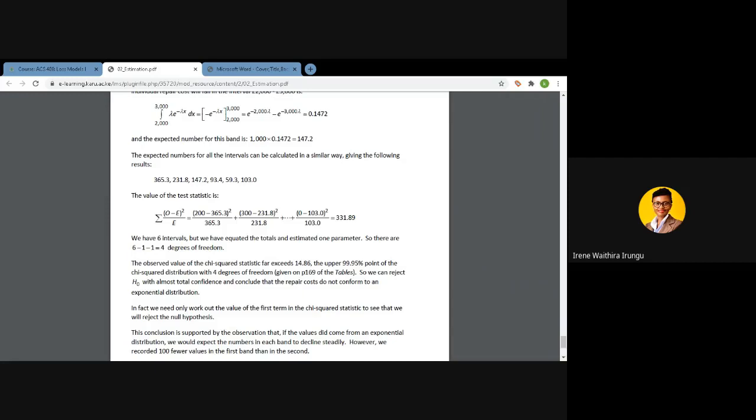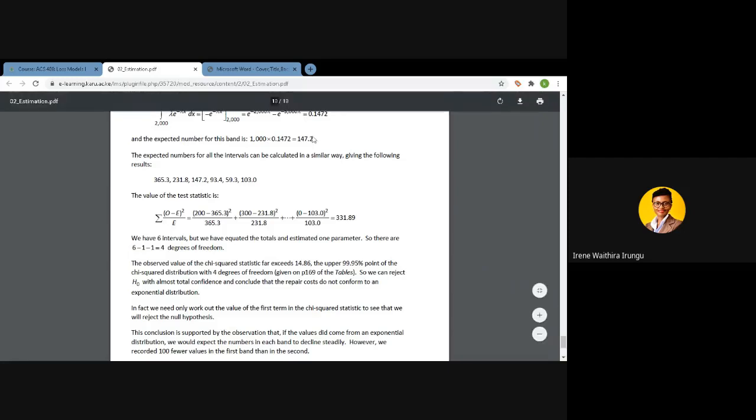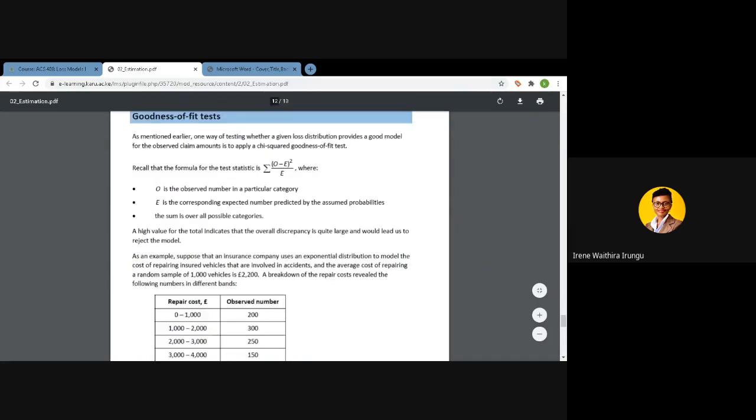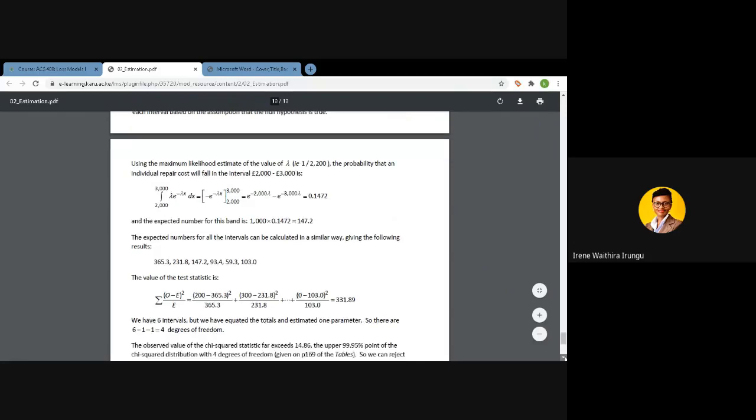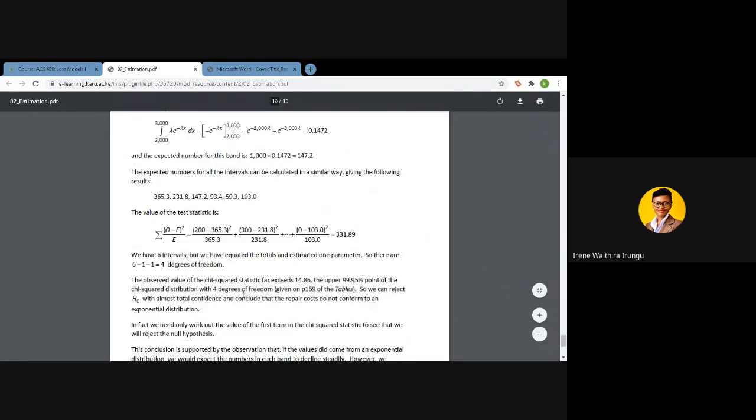So we will not use the sample size of 1,000, but rather the number of intervals which we have used in computing these test statistics. So we'll use these categories here. We used 1, 2, 3, 4, 5, and 6 categories. So my n is 6. And as a rule of thumb, it is n minus 1, so 6 minus 1.